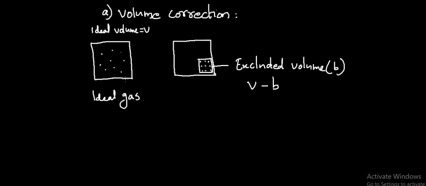Whereas we know that this postulate is not correct. Molecules possess volume. The point molecules of an ideal gas have zero volume, and the entire space in the container is available for their movement.